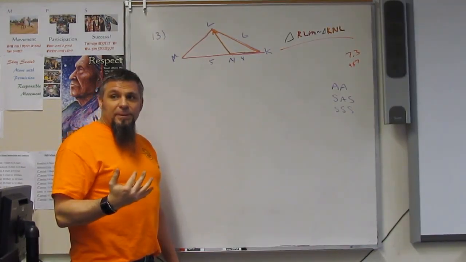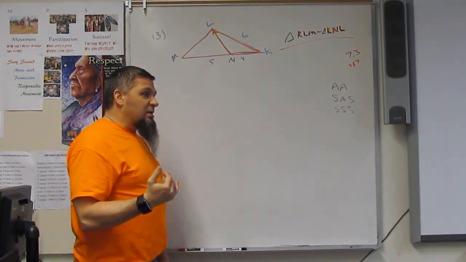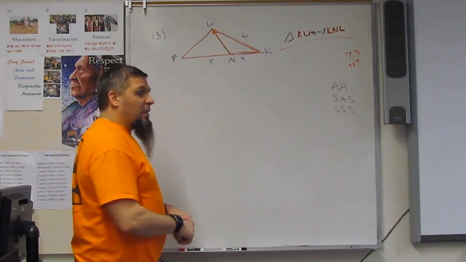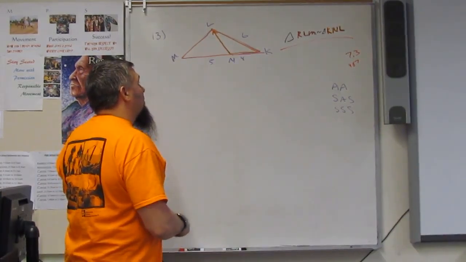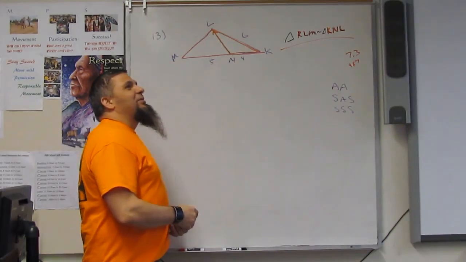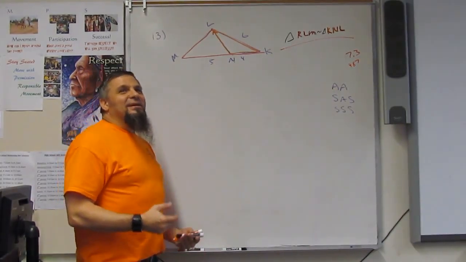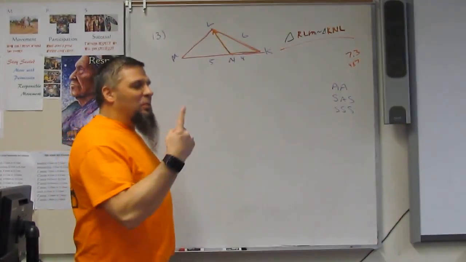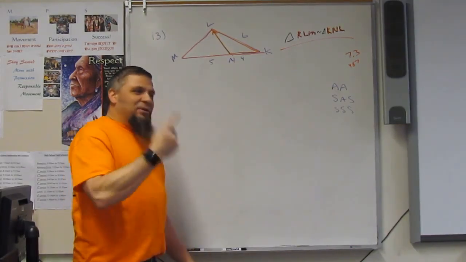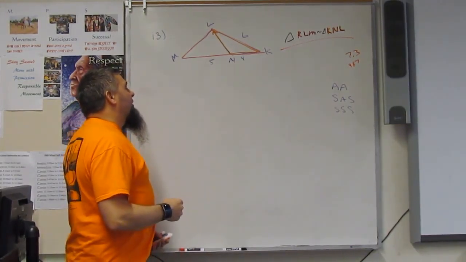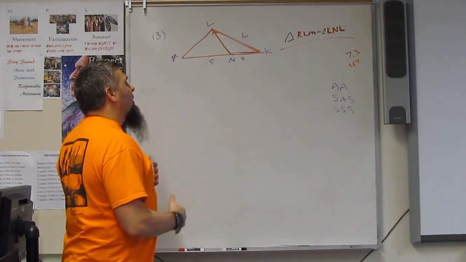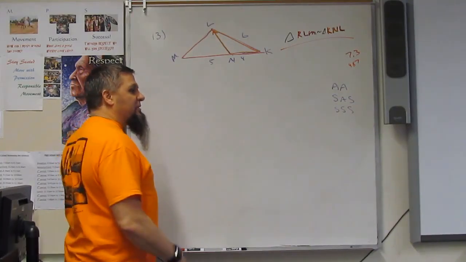If they're similar, they're not congruent. Well, I shouldn't say that. If they are congruent, they are similar, but their proportion is 1, and so we don't really care. We were looking for a different proportion other than 1 for this similarity.